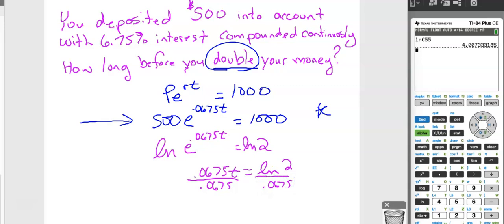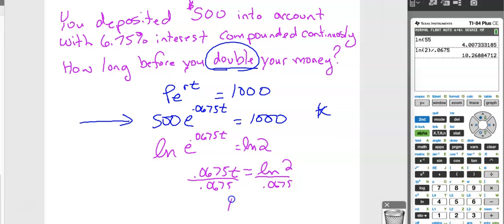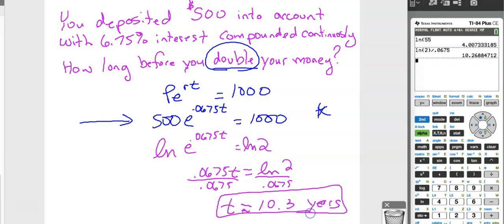So if we come over to the calculator, ln of 2 divided by 0.0675, and so the time is approximately 10.3 years for your money to double. And that's how to solve exponential and logarithmic functions.